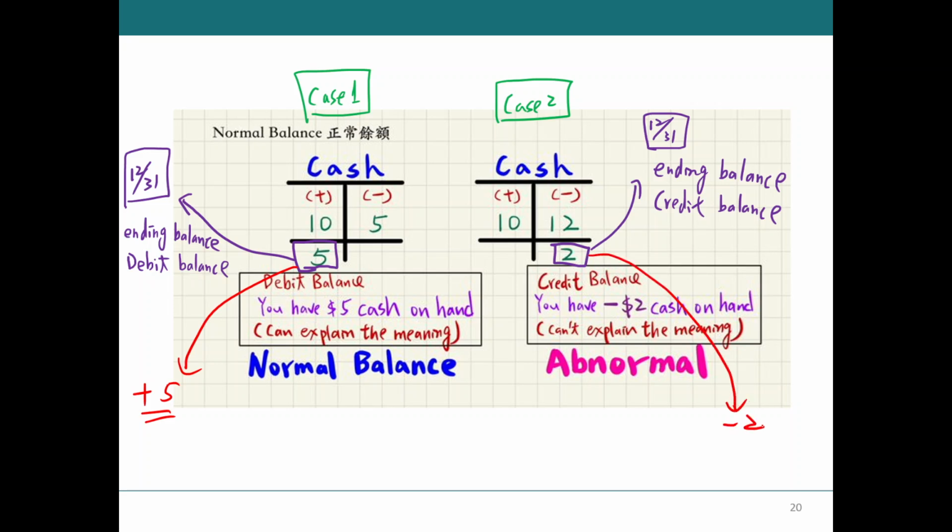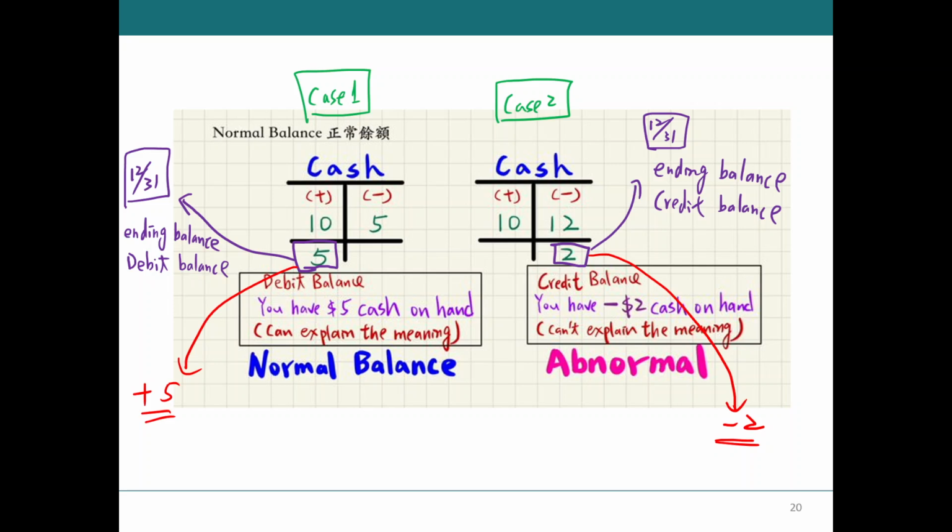Okay, and you should understand balance final amount means what? Final result. Final result, I ask you, plus 5, what does it mean? How much money you have? You told them, I have cash $5 on my pocket. Okay, so $5, plus 5 means what?